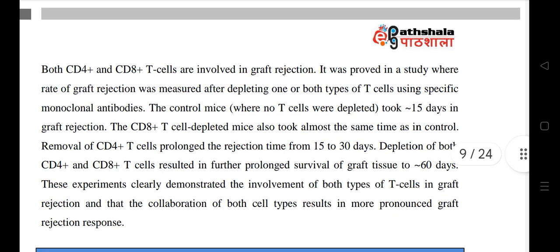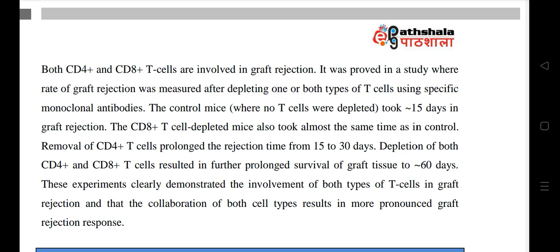Both CD4 plus and CD8 plus T cells are involved in graft rejection. It was proved in a study where the rate of graft rejection was measured after depleting one or both types of T cells using specific monoclonal antibodies. The control mice, where no T cells were depleted, took 15 days in graft rejection. The CD8 plus T cell depleted mice also took almost the same time as control.